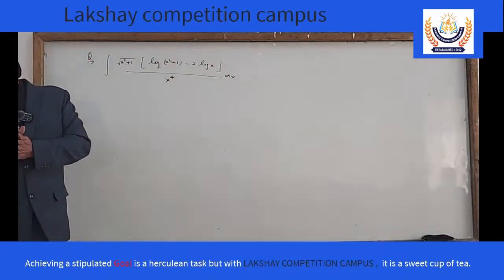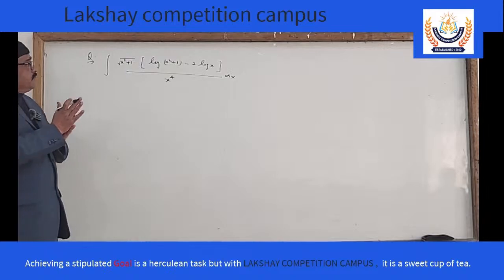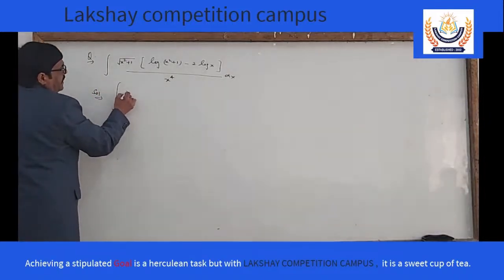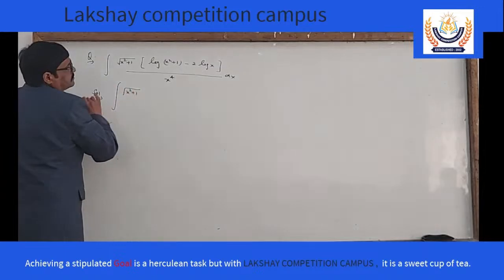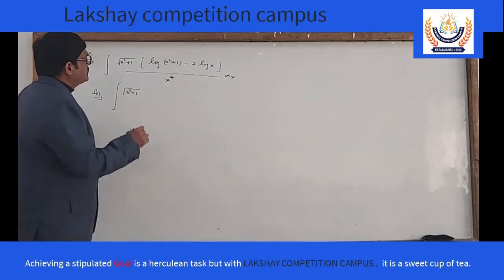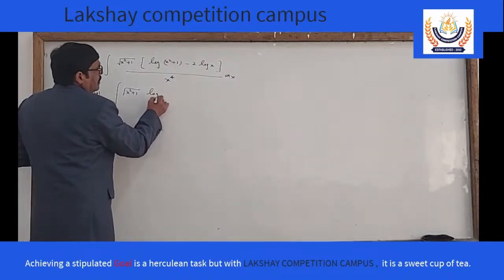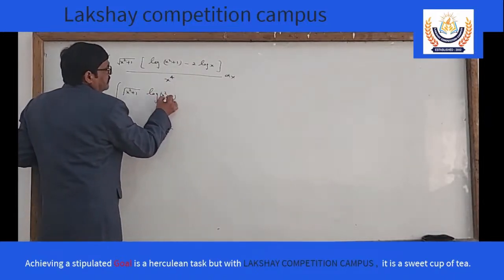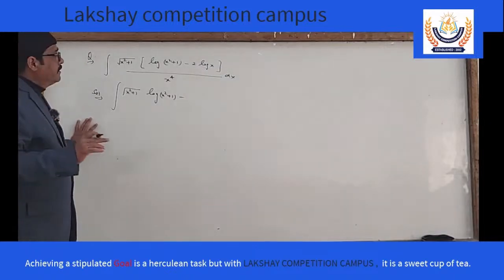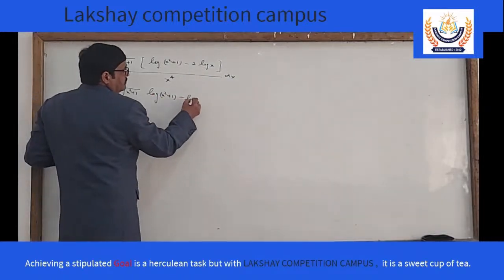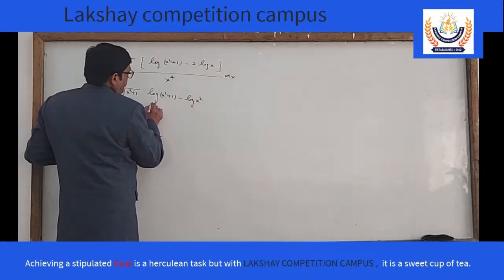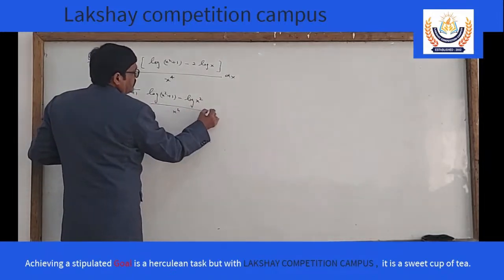How can we solve it? This is a good question. x square plus 1 under root. Now we apply the properties of log. Log x square plus 1, and log m raised to power n. We write it log x square upon x power 4 dx.